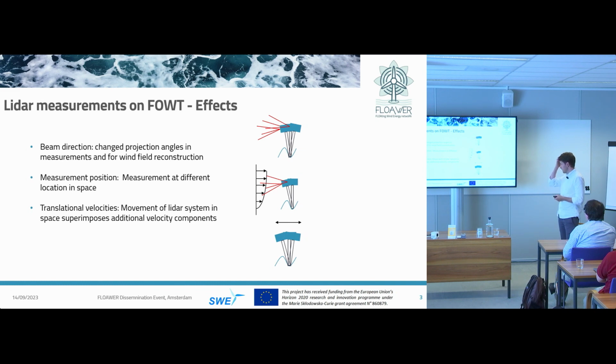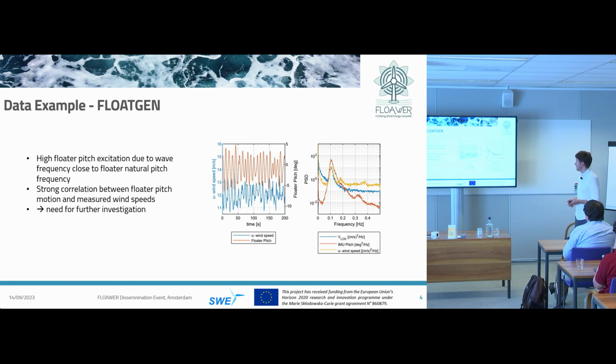Second, if the turbine is tilted backwards or forwards, we measure simply at a different position in space, and this can make a difference, especially if you think of a sheared wind profile, for example. And then there are translational velocities of the nacelle, which come mostly from the rotational degrees of freedom of the floater. So the nacelle is moving back and forth and also side to side. These are the main effects.